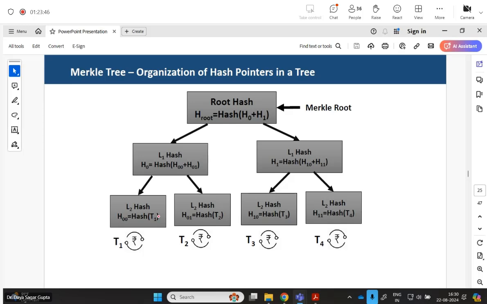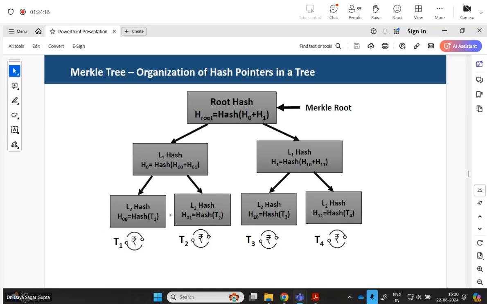Now we concatenate these hashes. We are going to have H00 concatenated, or plus, H01, and we take the hash of it. What is this? This is hierarchical hashing. We take this data, find its hash.